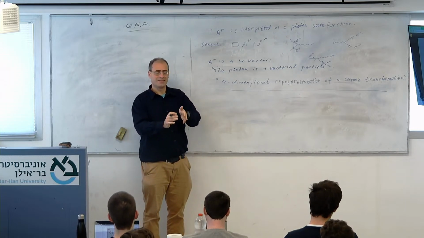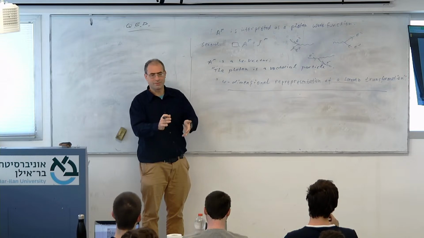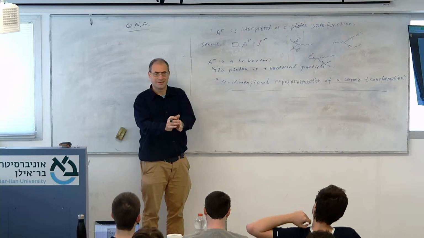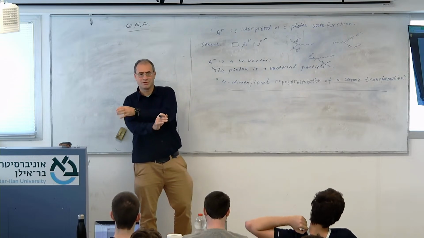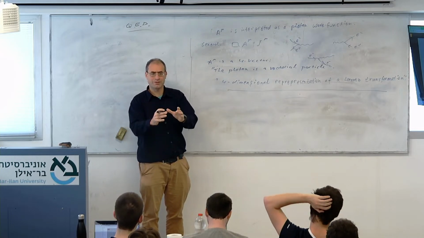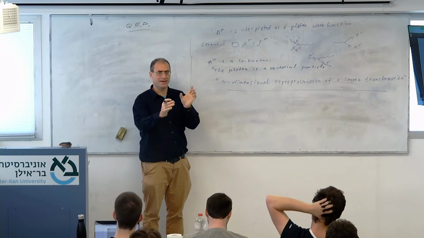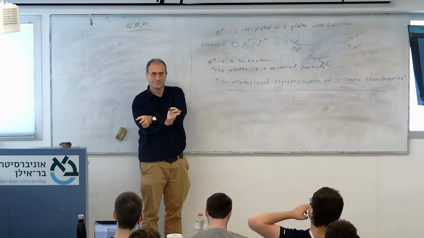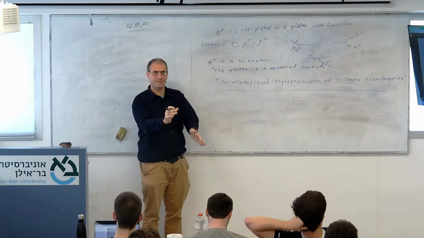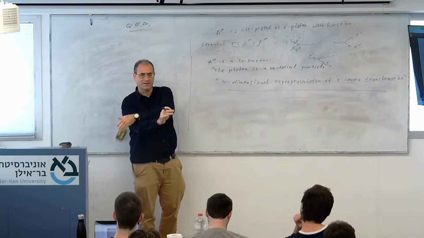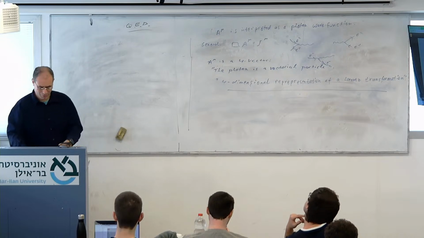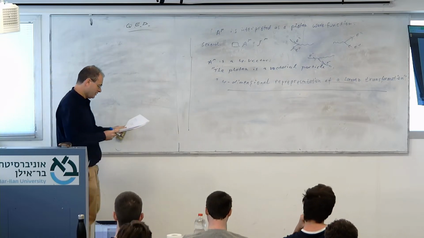It takes one number, can be more than one number, and turns it into another number. Sine x is a function: I give it an x and I get y equal to sine x. An operator, I give it a function and I get another function. A derivative is an operator: I give f of x and I get another function, which is df/dx. Just to make sure that we're all speaking in the same language.